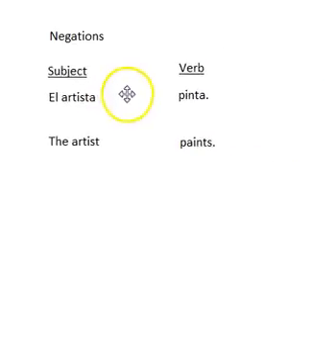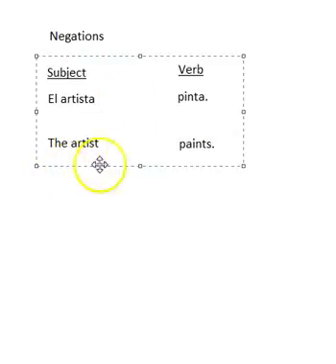Let's talk about how to make statements negative. They're also known as negations. And we will go back to using the same sentence that we just made in the previous section. El artista pinta. The artist paints.